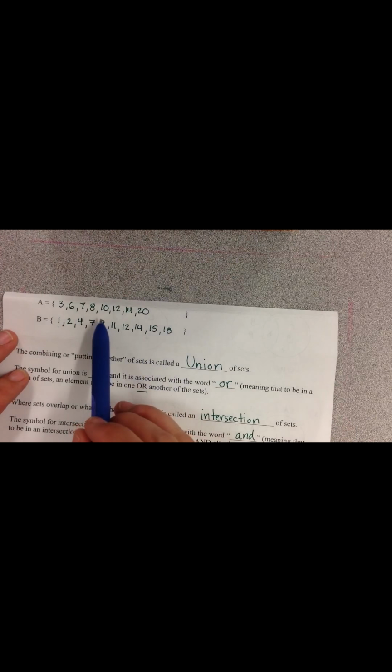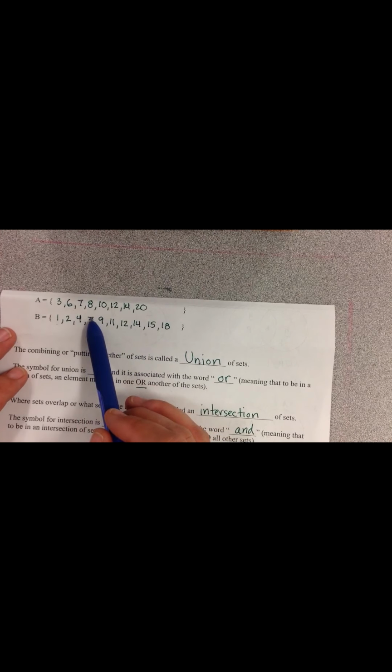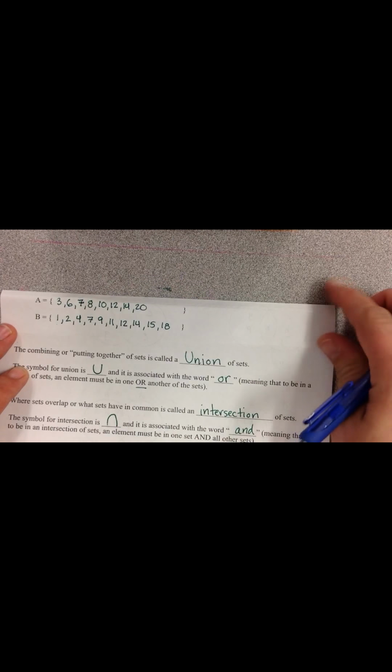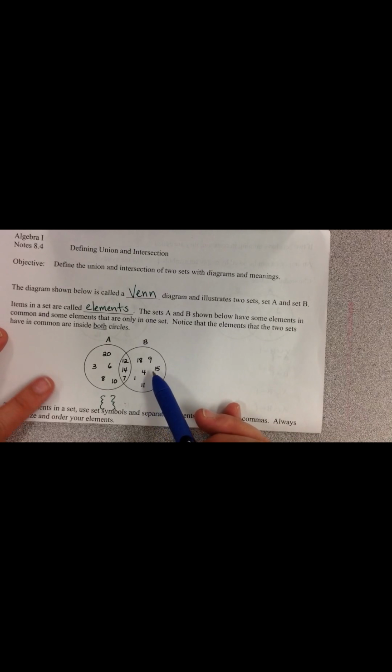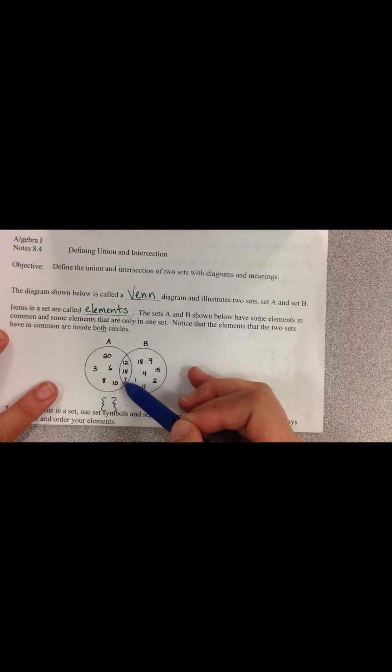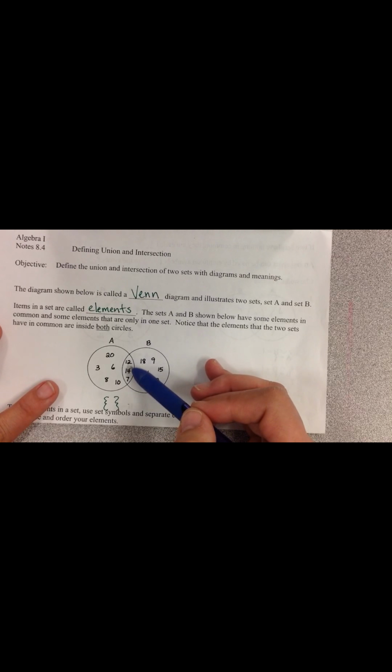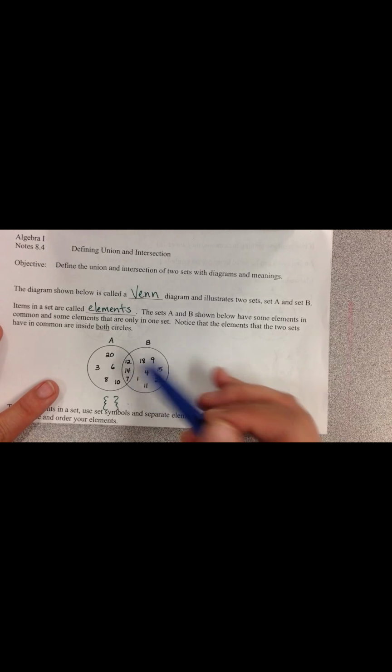If we look at the lists, we can see that we have 7, 12, and 14. Oops, some of you will not be happy with me. Notice that when it's in a Venn diagram, it's actually easier to see the intersection. You can see that where the A and B circles overlap, we simply have the elements 7, 12, and 14.